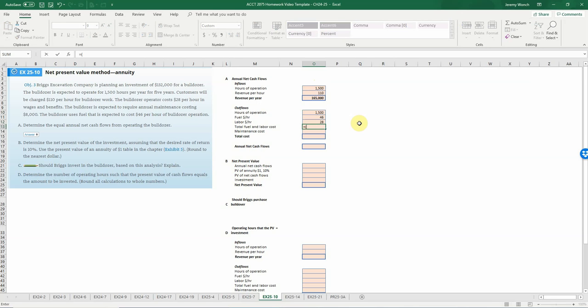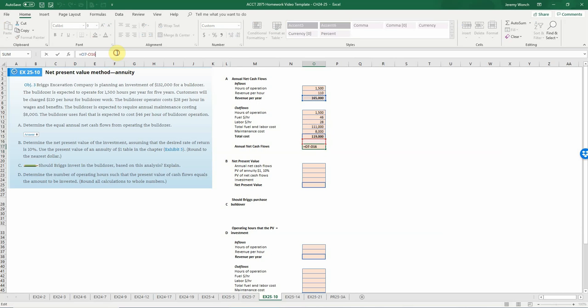And so that means our total fuel and labor cost, we'll just do our 46 plus 28 and multiply that times our hours, will get us 111,000. And then we have maintenance cost of 8,000 to give us total outflows of 119,000, and the difference between the two will be our net cash flows.